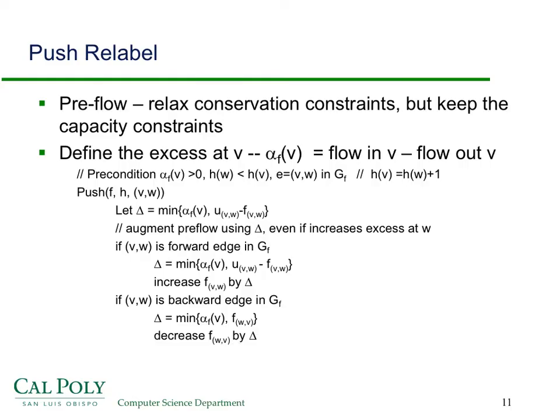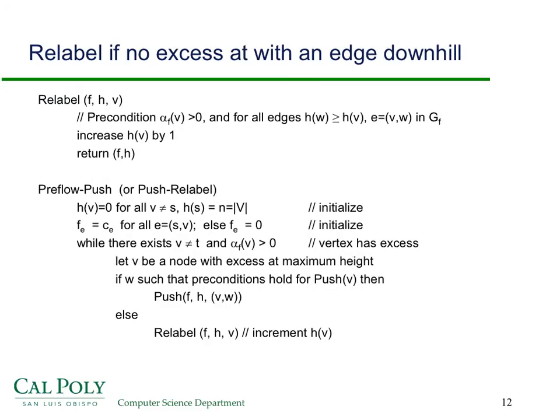This will be more relevant as we're pushing things towards the sink, right? There'll be forward edges, but then as we push the excess back towards the source, they're going to be backward edges. And then we have the relabel subroutine. That's easy.